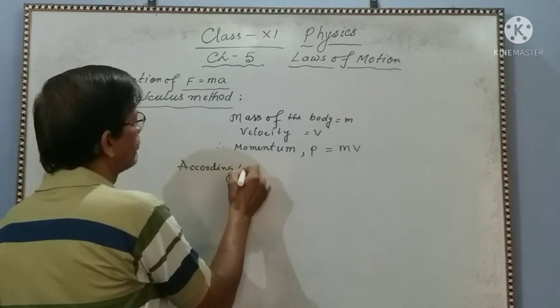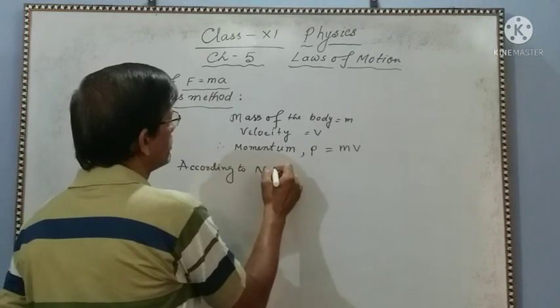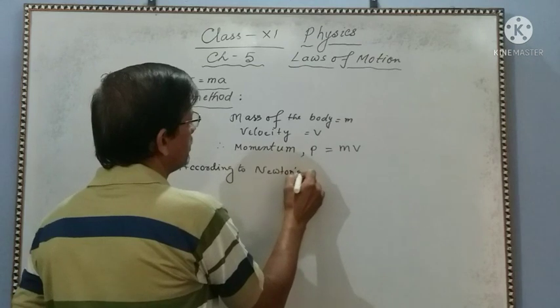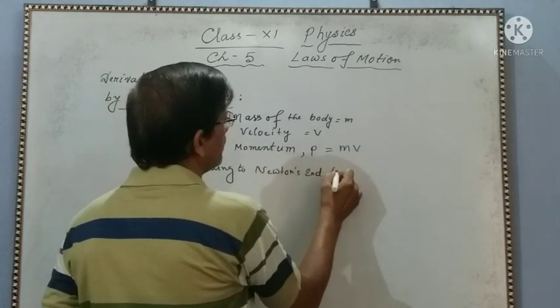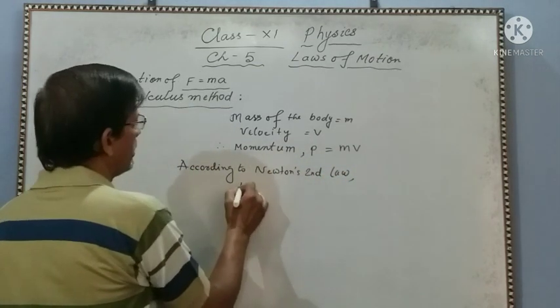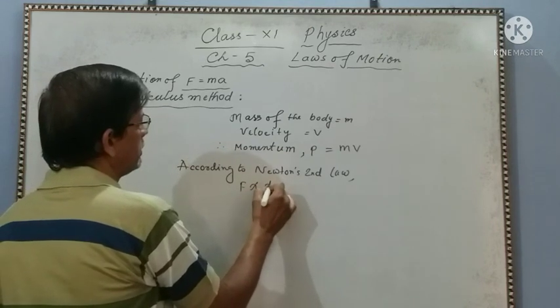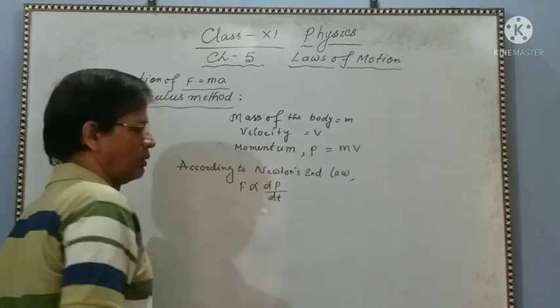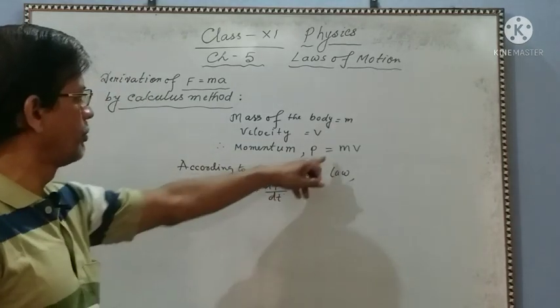According to Newton's second law, F is proportional to dp by dt. Now what is P? P equal to mv.